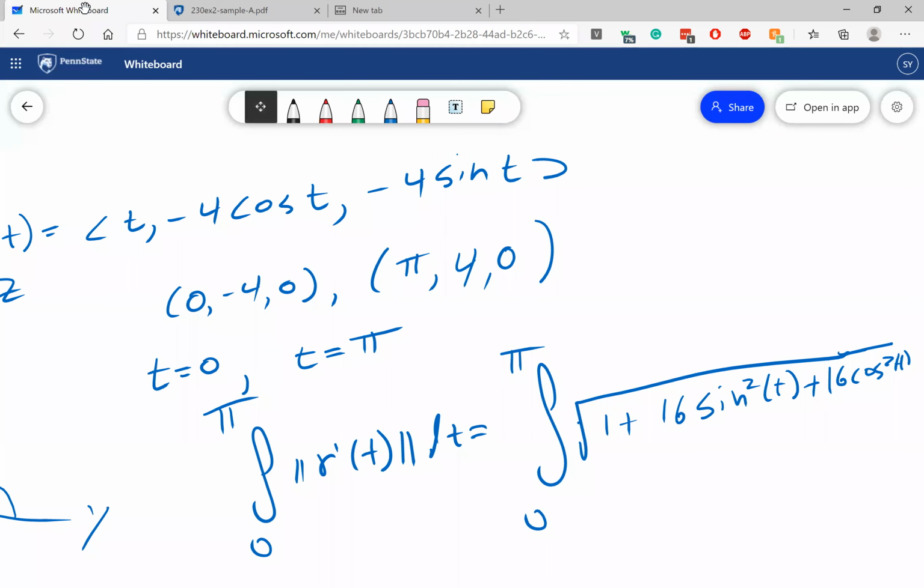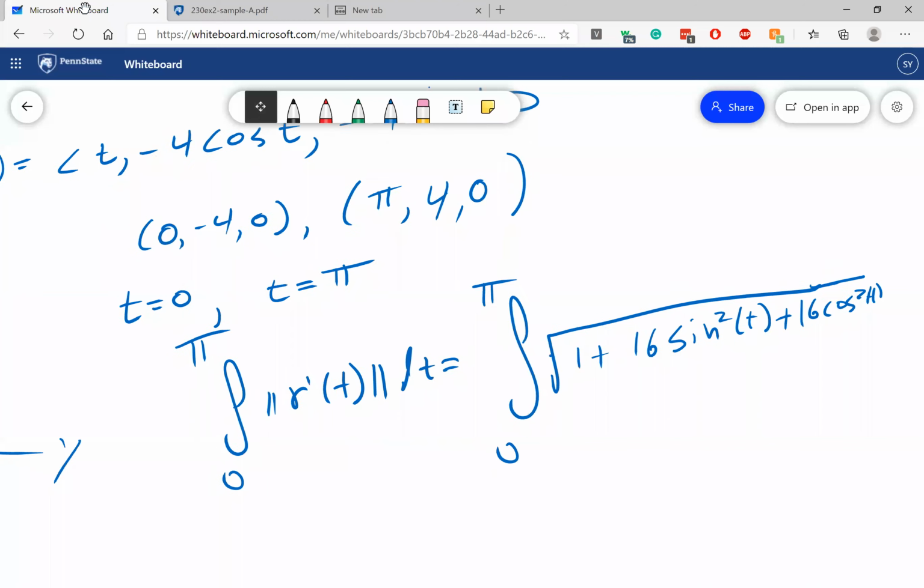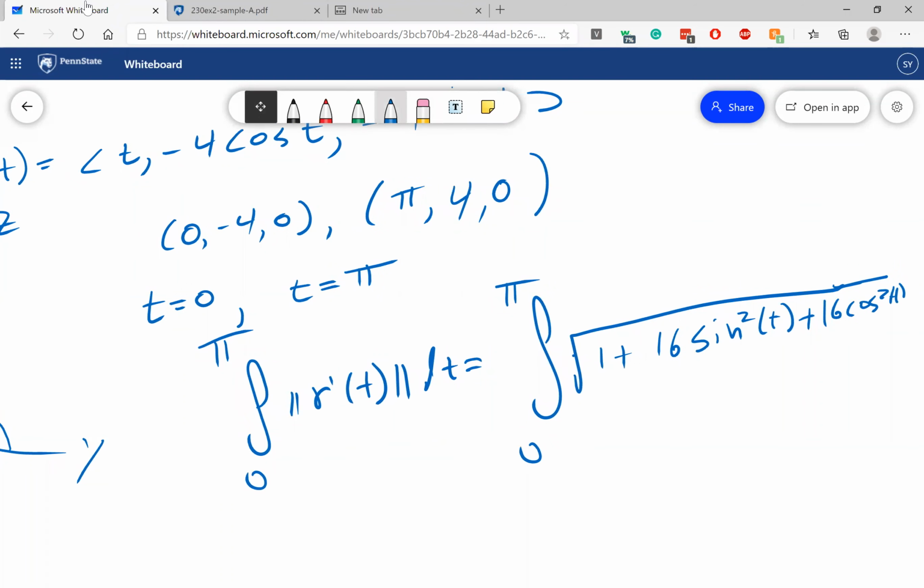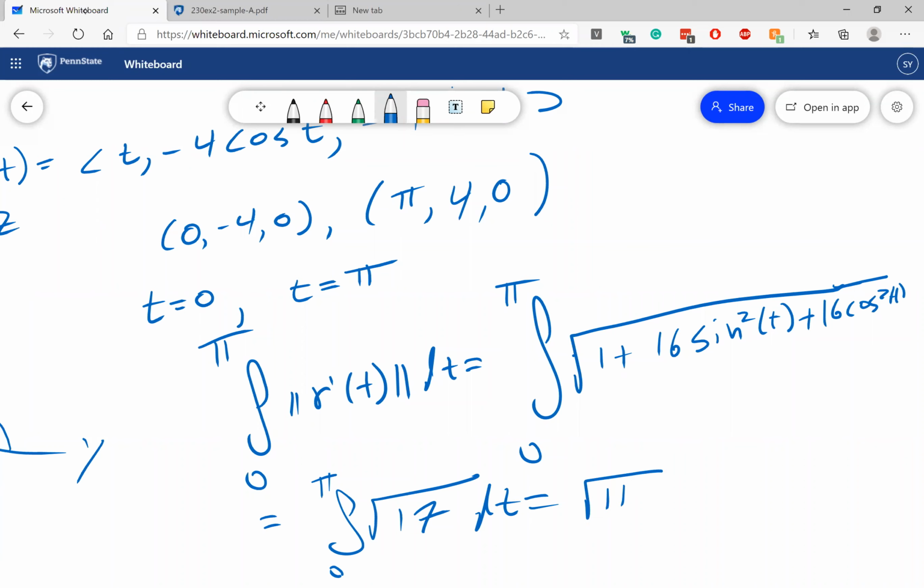This whole thing is equal to the integral from 0 to pi of the square root of 17, because you take out the 16 and get 1, dt. This is equal to the square root of 17 pi.